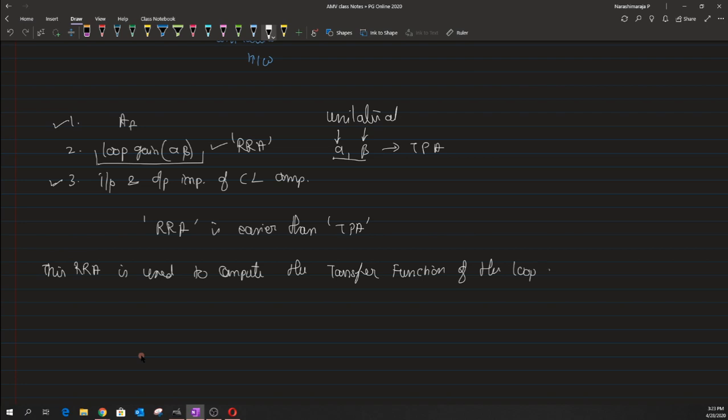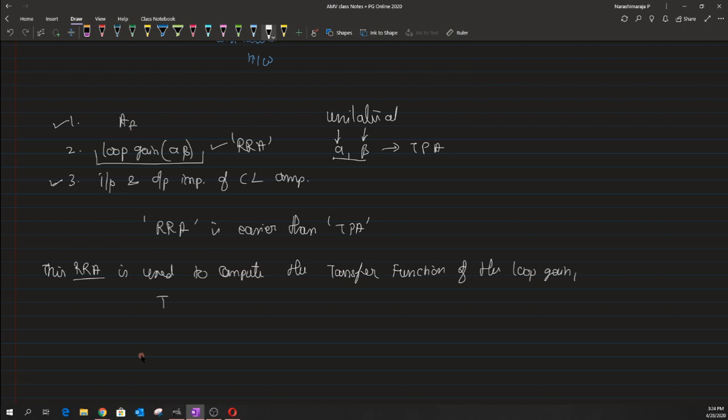So I'll be using this discussion of this return ratio analysis by making use of this loop gain, or with the computation of this loop gain calculation. Now I will also write down the formula of this loop gain.